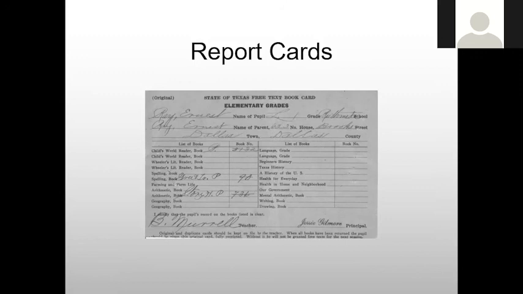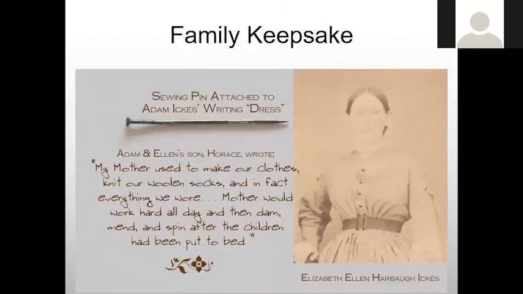I would kill for a diary from one of my ancestors, but I had no such luck. There are family keepsakes. You know, we talked about a piece of furniture or a charm bracelet.